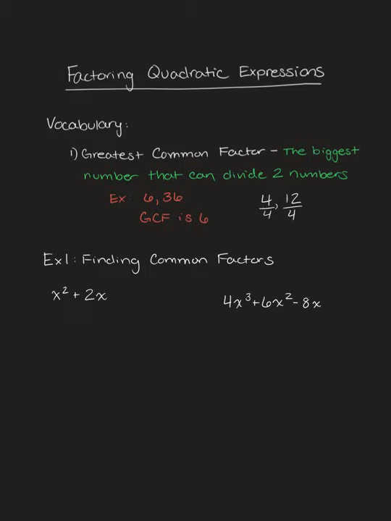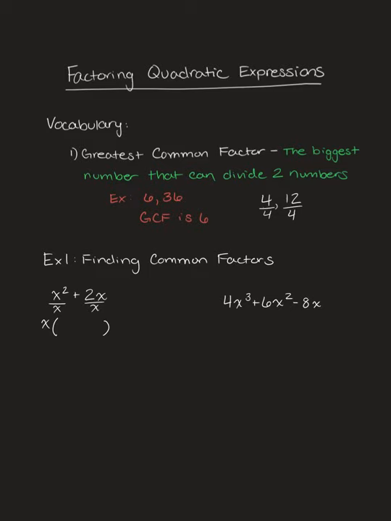We can use greatest common factor to factor out these expressions. If I look at this first example, x squared plus 2x, I hope you know what this squared means. It means there's two x's there, and then plus 2x. The greatest common factor here is going to be an x. If I divide each of these terms by x, what do I have left over?